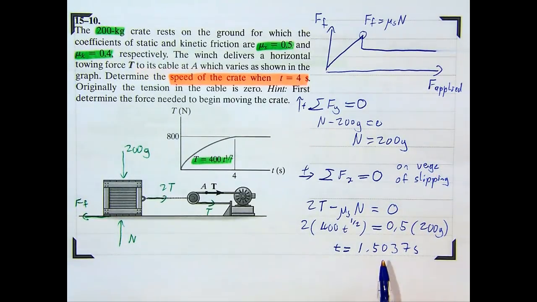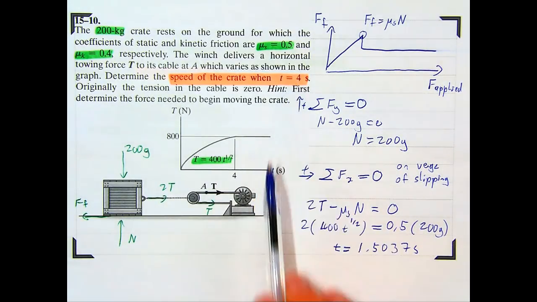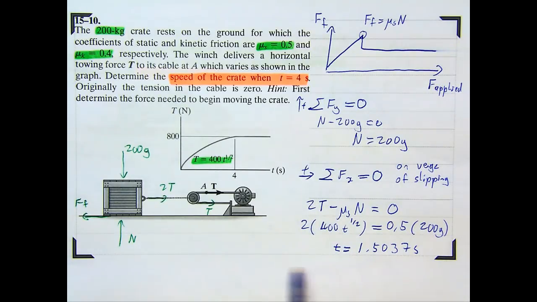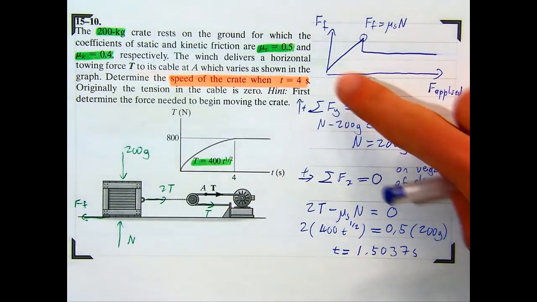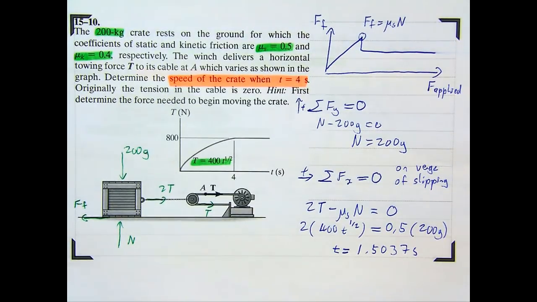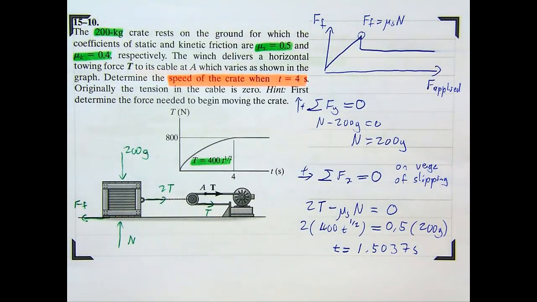And now we should consider the range of motion from this point in time all the way to 4 seconds only. For the first 1.5 seconds, the crate won't move, so only from that point to 4 seconds is where we apply the equation for impulse and momentum.